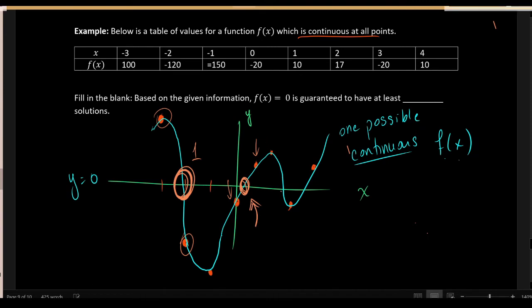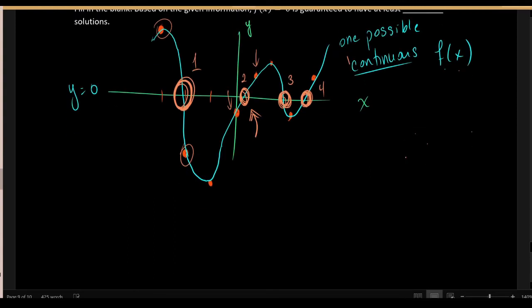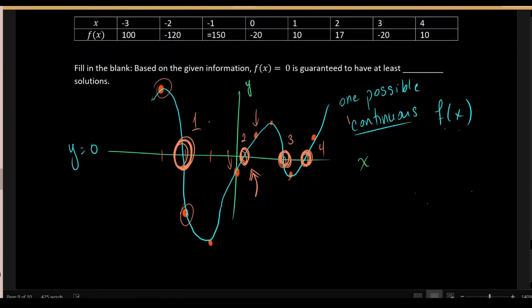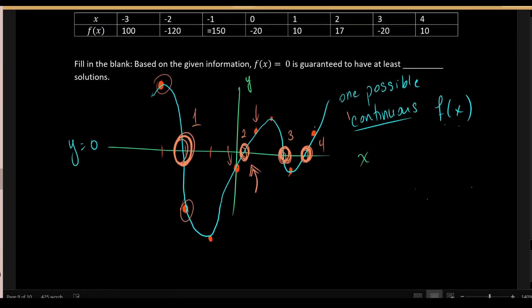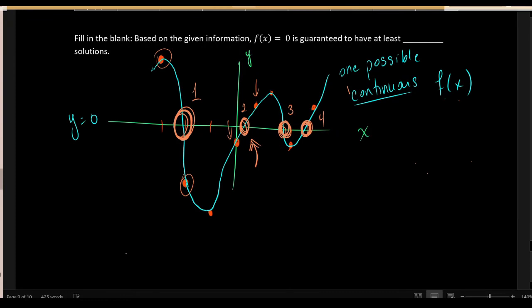Once again, over here, the graph transitions from positive to negative, so it must cross 0 along the way. And I see another instance of this here, where now the graph changes from negative to positive, which means that there are at least 4 solutions to this equation.